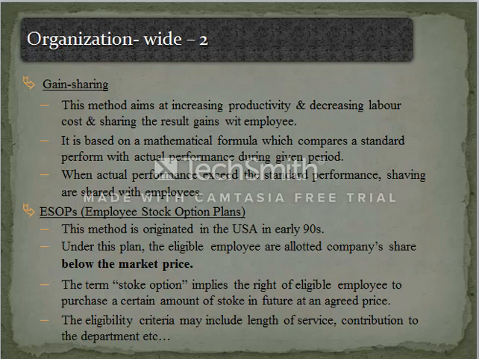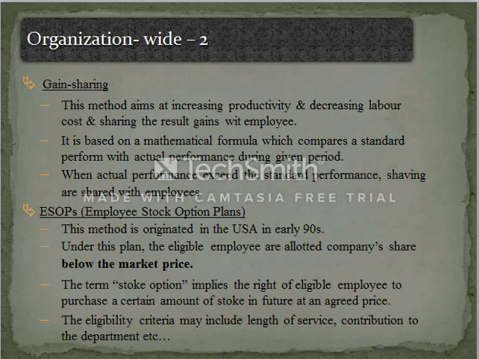The basic purpose of ESOPs is to retain the top level employees in our organization, and for top level employees we cannot give them perks in a large quantity. We need to give something extra so that they could be retained in our organization.